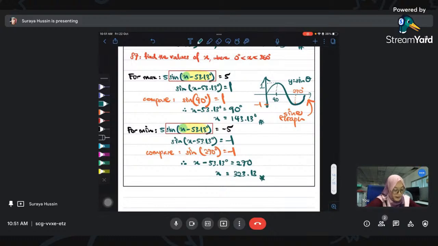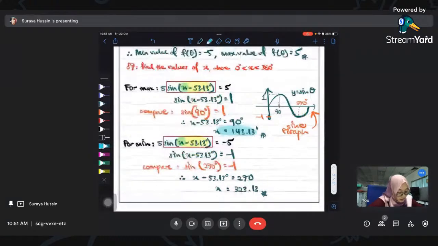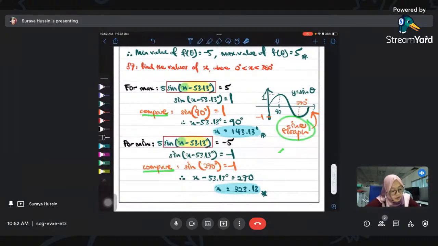So itulah jawapan nilai X. This is the X value that you are looking for by just using the comparison of having the sine graph. Okay. Kalau sini sine, memang you kena comparekan dengan sine lah, dengan sine graph.